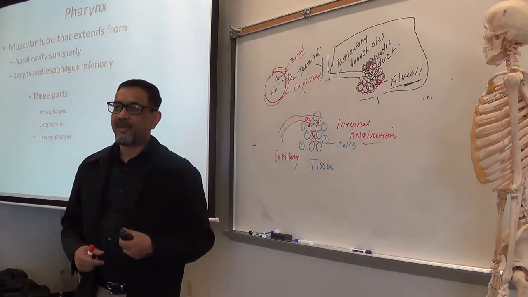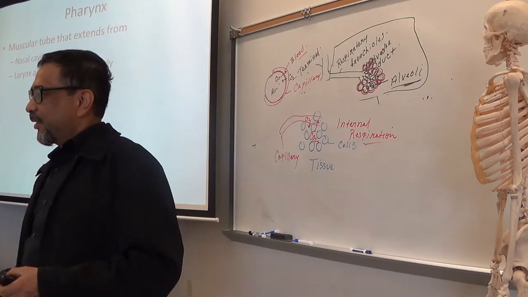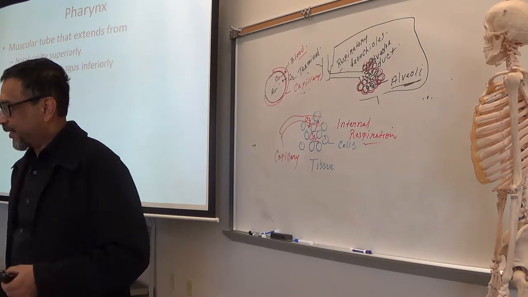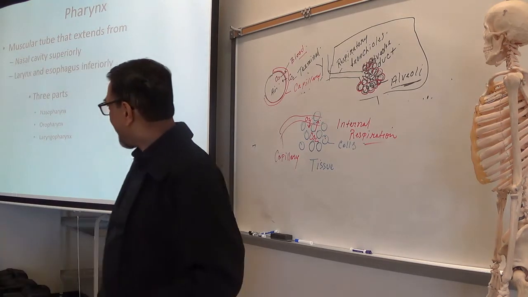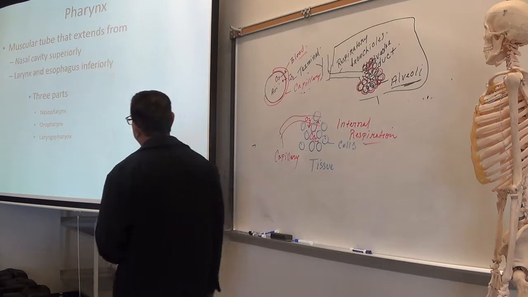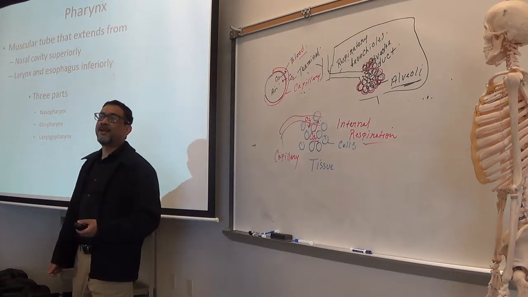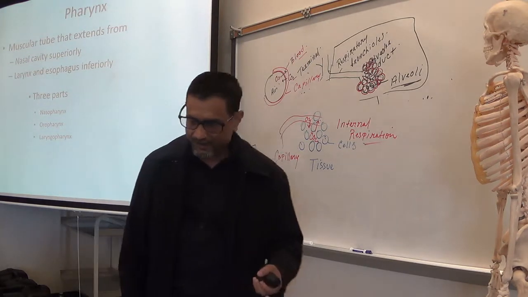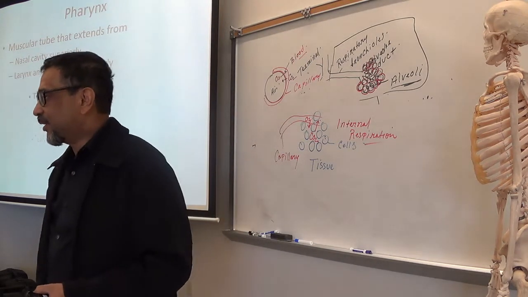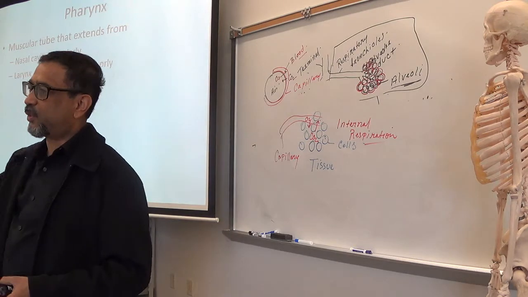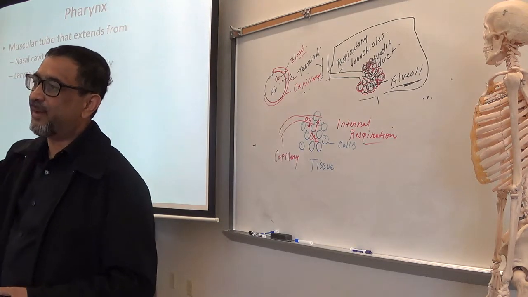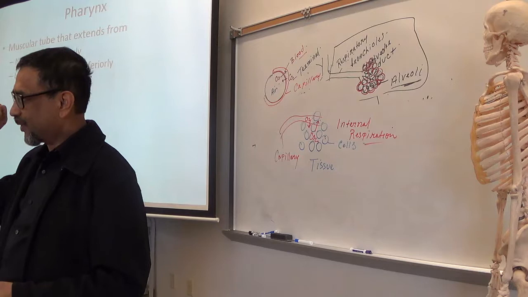Pharynx. After the nose, the next organ is the pharynx, a muscular tube, as I have mentioned. It has 3 parts: nasopharynx, oropharynx, and laryngopharynx. The nasopharynx is nearest to the nose. That's why it is called naso.